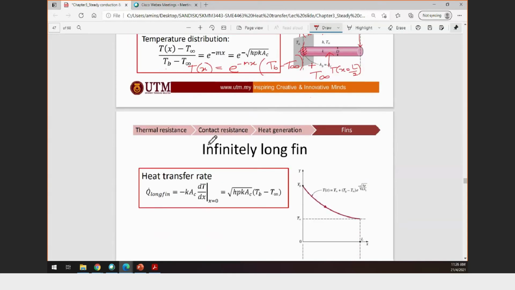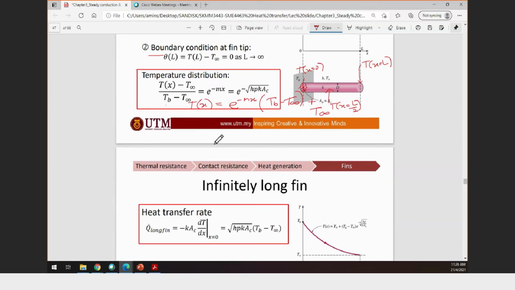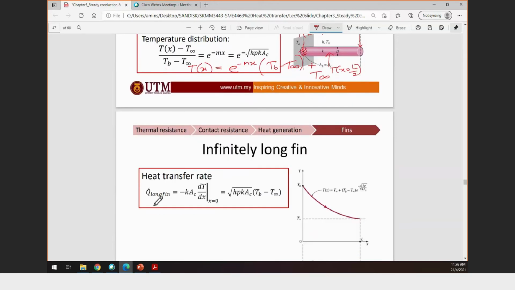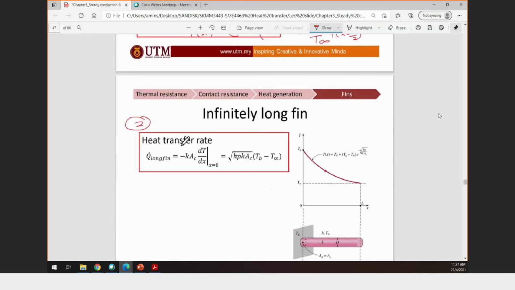The second one: using the heat conduction equation, the Fourier equation, you get the second equation for the long fin. So this is the first, this is the second. You can get the heat transfer for the long fin if you know the base temperature, the surrounding temperature, and all these fin parameters, the fin properties.